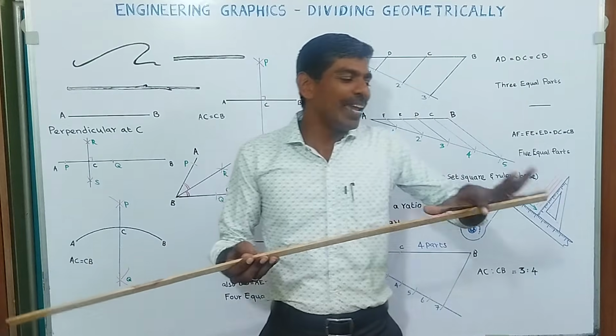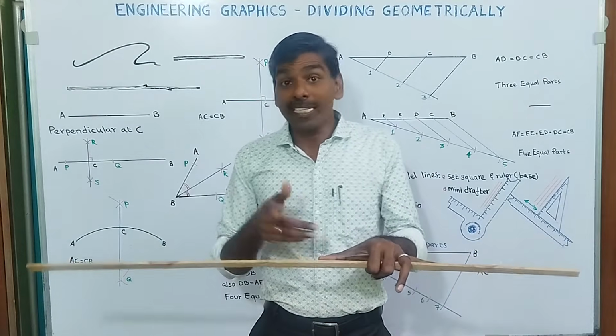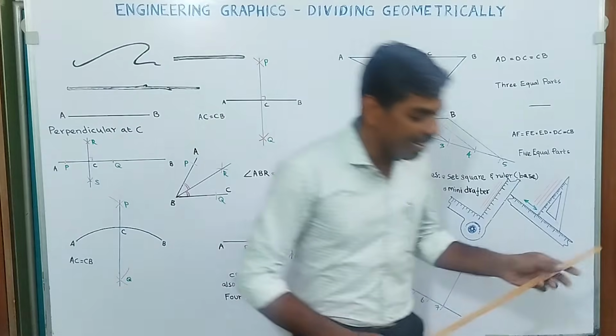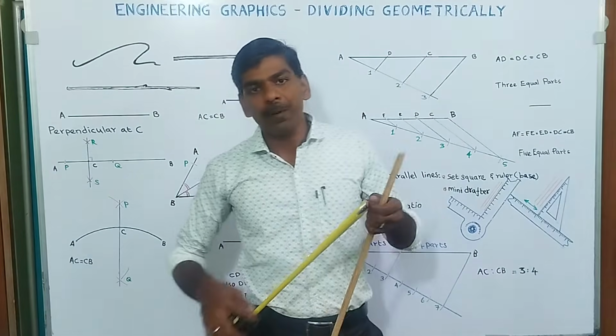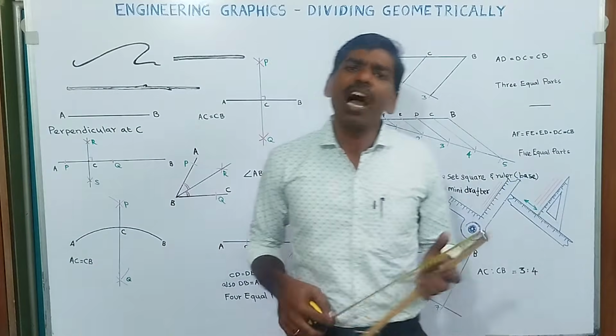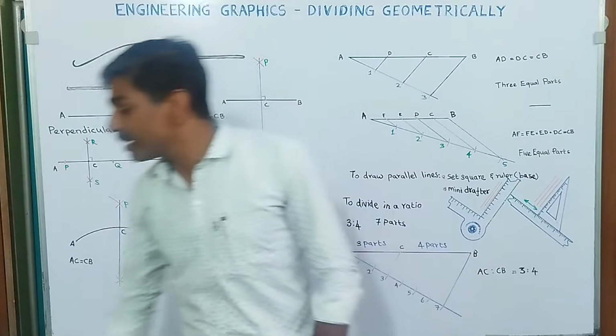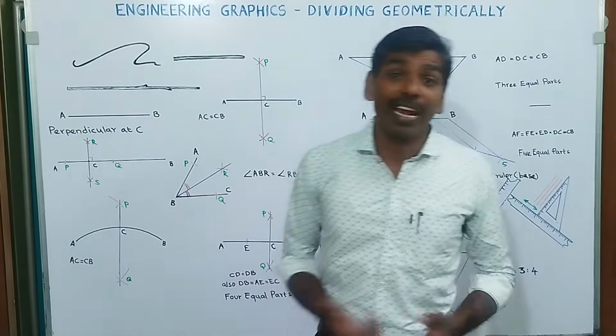Then we may have to find it approximately. That is another option. If not, we need to use a measuring tape, measure it, and then find the half distance. That is another way, right? These are some of the applications in day-to-day life.